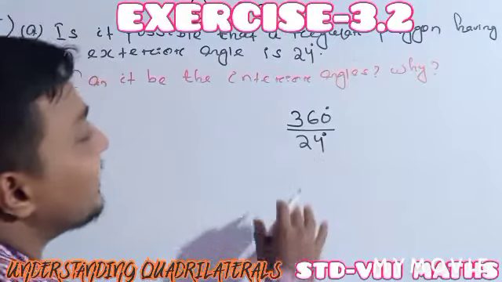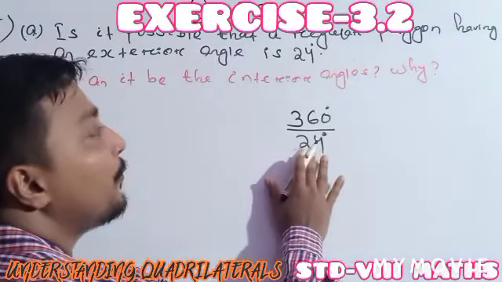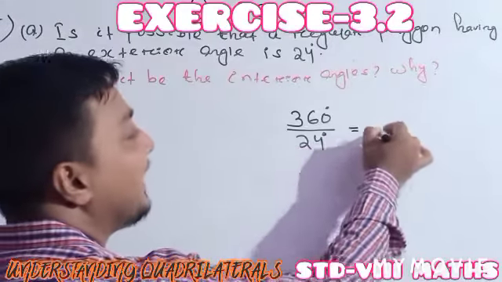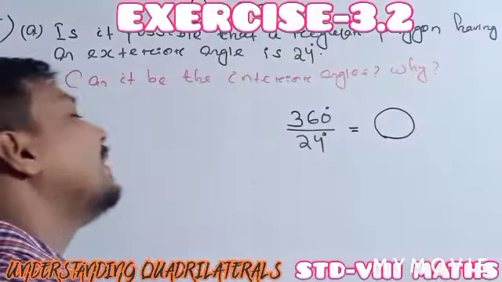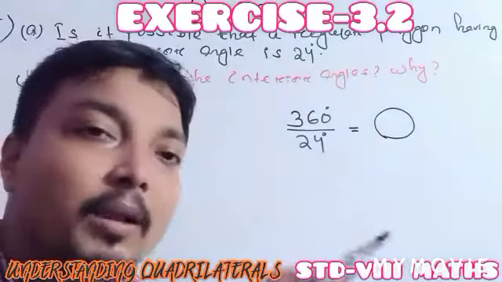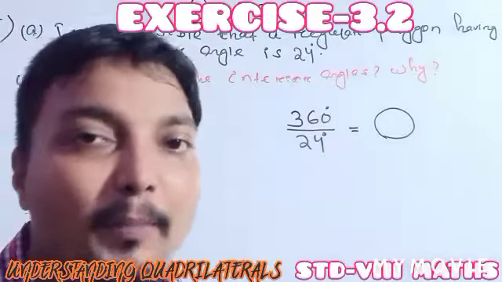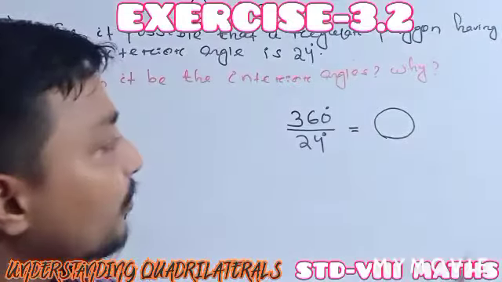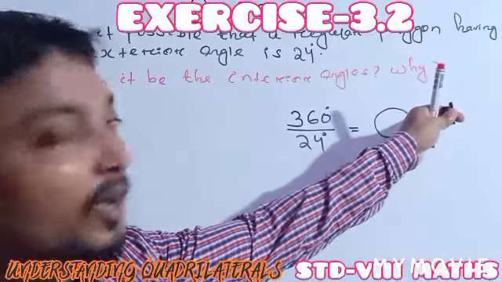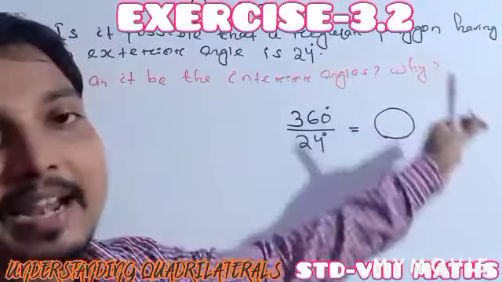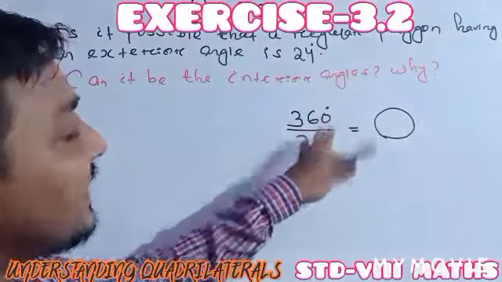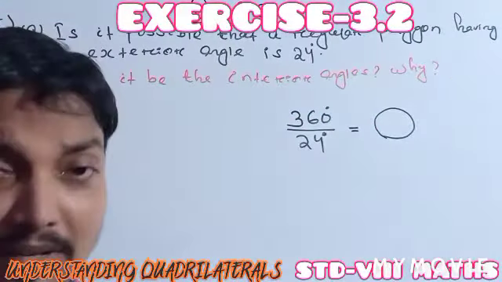Whenever I put in each exterior angle, I will find how many sides the polygon has. If the number of sides is a whole number, then I can say that type of polygon is possible, because the formula for the number of sides is 360 degrees divided by each exterior angle.